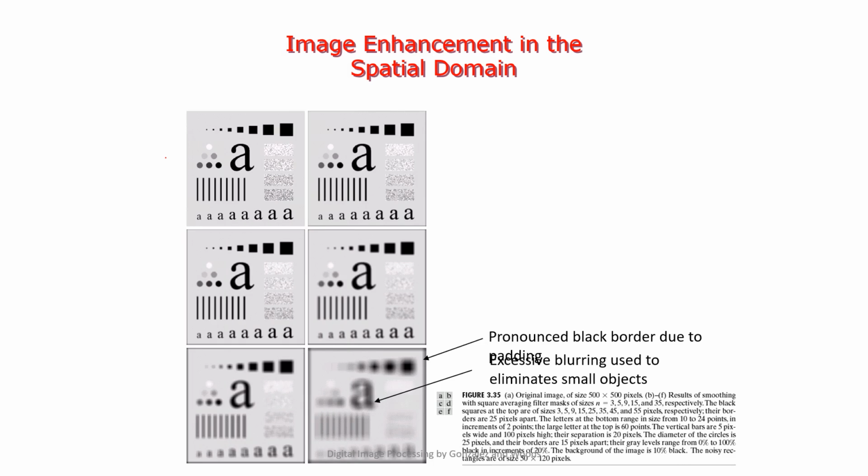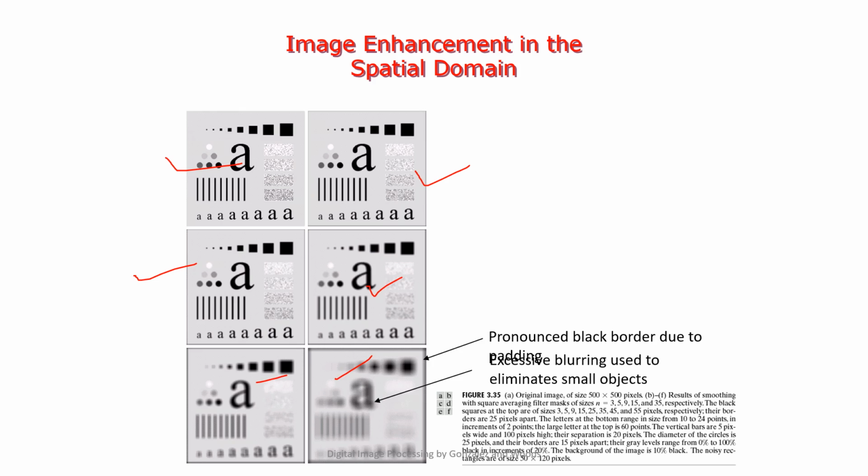So here you can see this is the original image, and this is the averaging mask. These are the different filters used: 3 by 3, then 5 by 5, 9 by 9, 15 by 15. They have increased the size of the mask, and you can see the blurring is more.